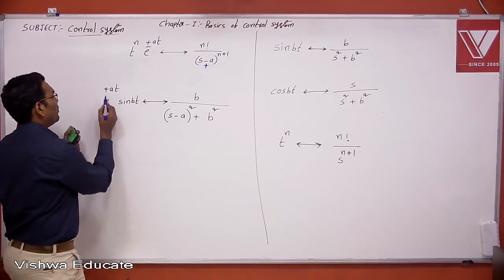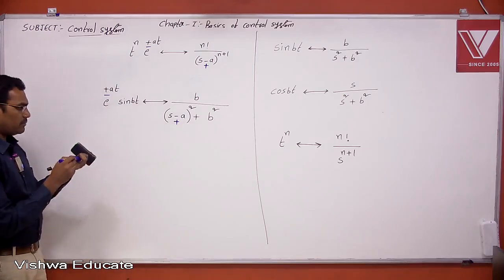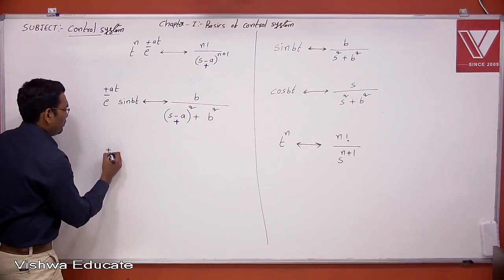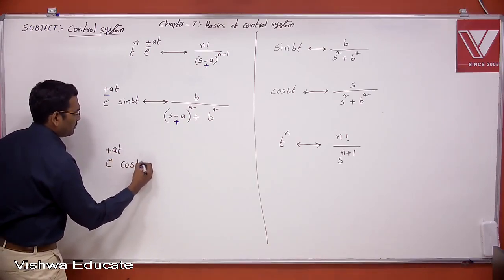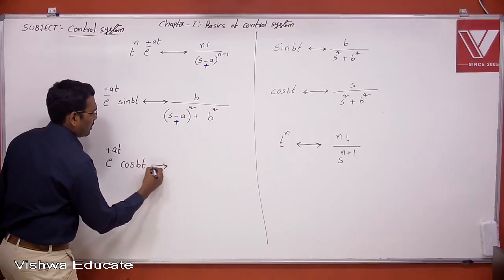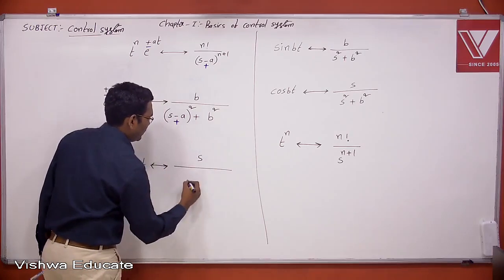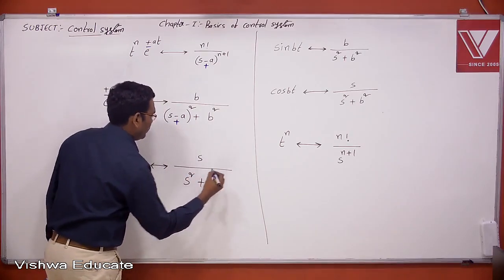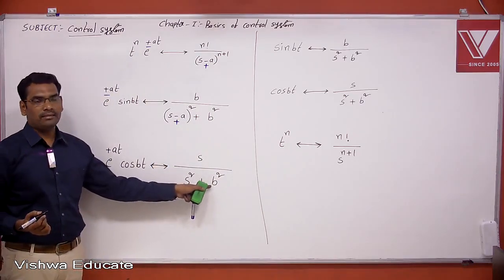If this is e power minus at, then this is s plus a. Same for e power plus at into cos bt. Cos bt's Laplace transformation is s by s square plus b square.